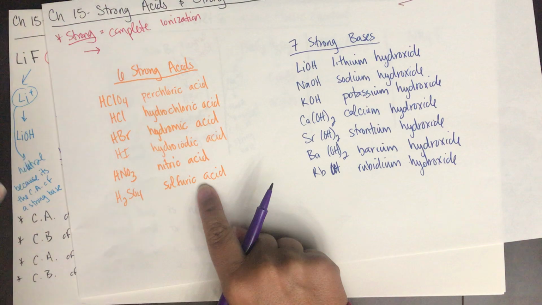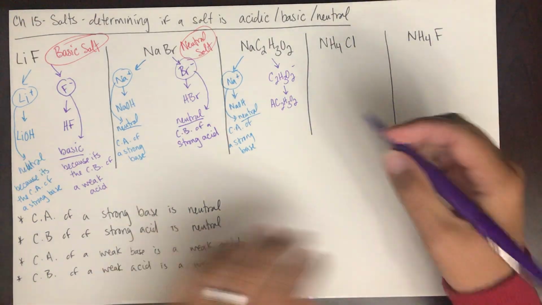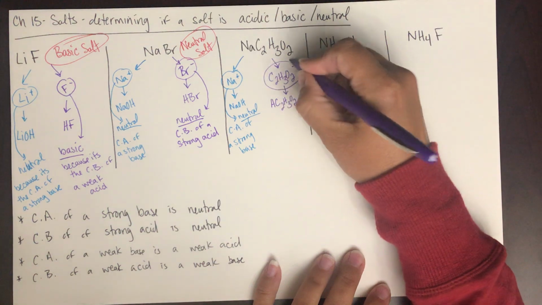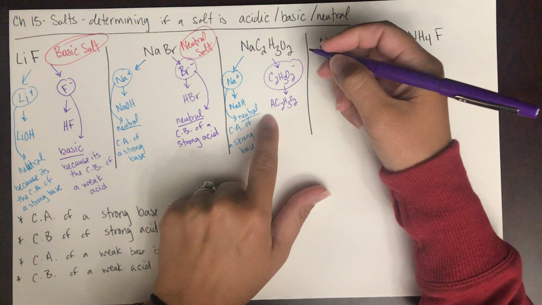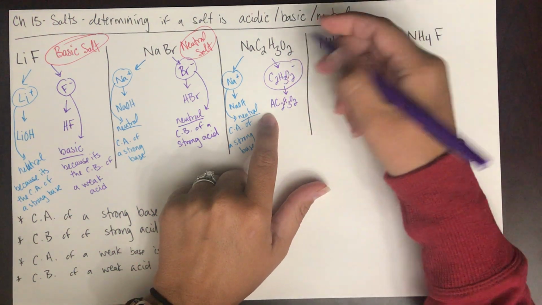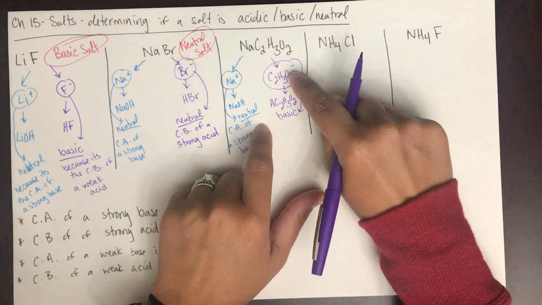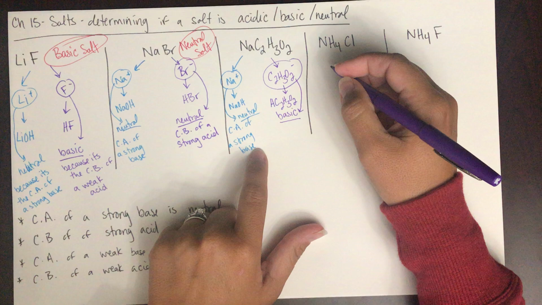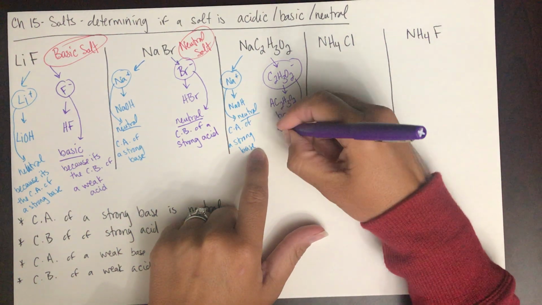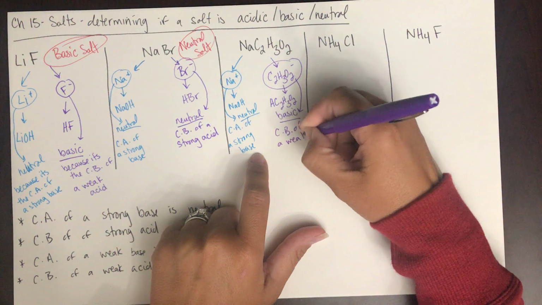You don't need to know what it is. You just need to know it's not on this list. So that means that this ion, because this is a weak acid, is going to act like a base. This acetate ion is basic because it is the conjugate base of a weak acid.